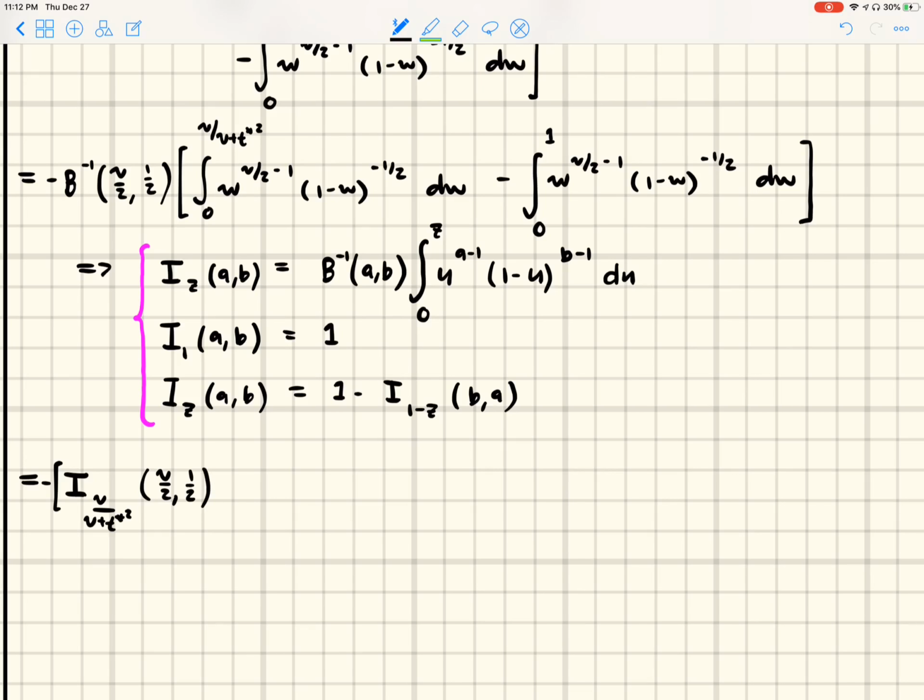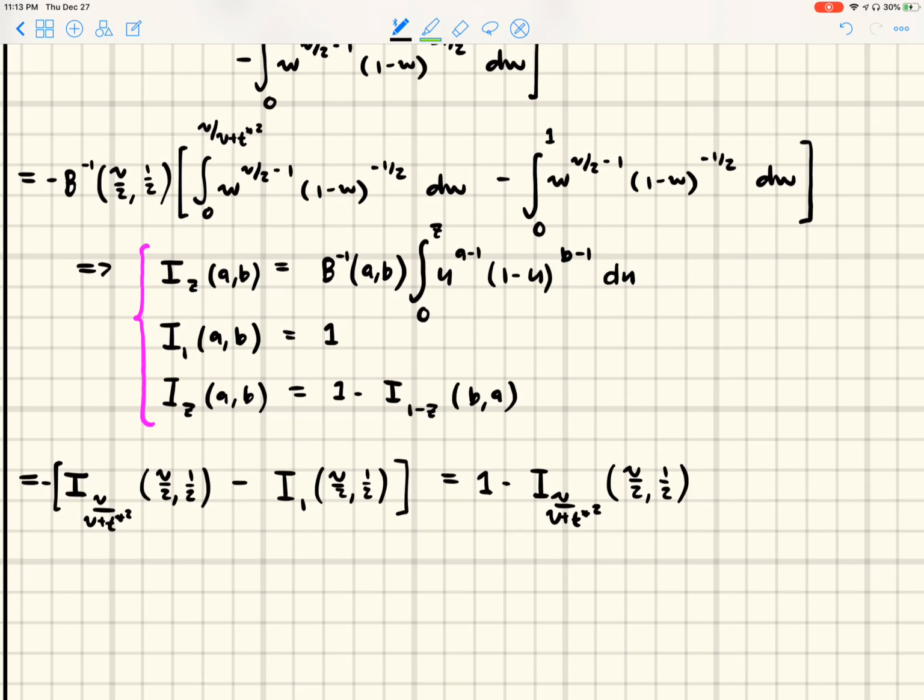And then we can also write this term here. If we remember from our definition, that second term is nothing other than 1. And if we distribute the negative through, we're going to get 1 minus I of v over v plus t star squared, with parameters v over 2 and 1/2.